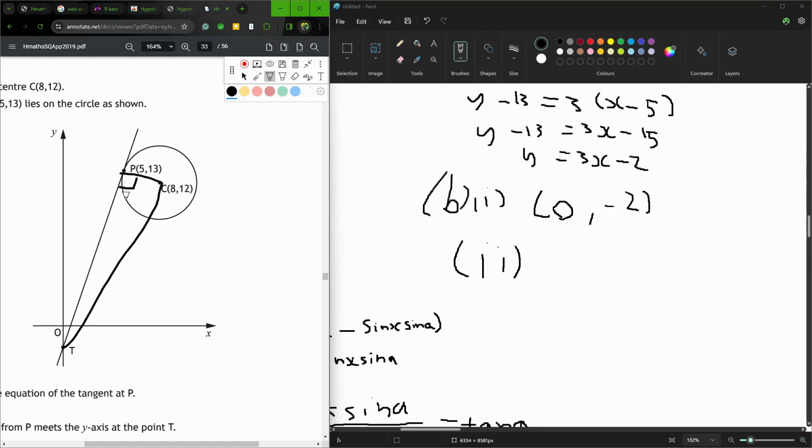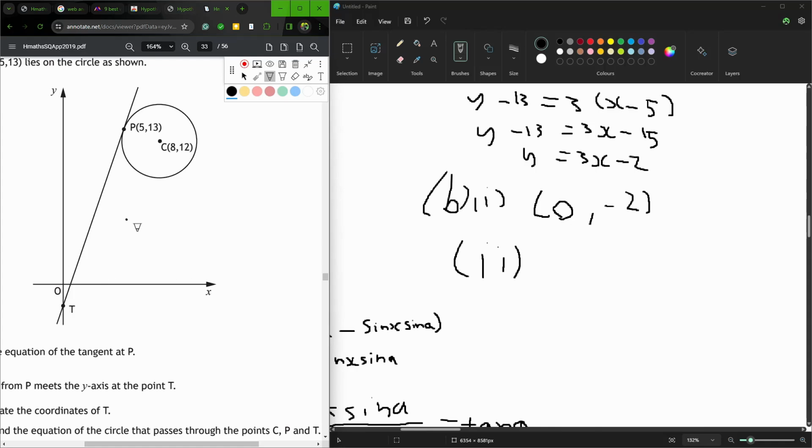Whenever you have a 90-degree triangle, this side has to be the longest, which means that if we draw a circle that surrounds all this, this will have to be the diameter. So if you find the midpoint of T and C, that gives us the centre, and then we can figure out the radius from there and use that in our equation.